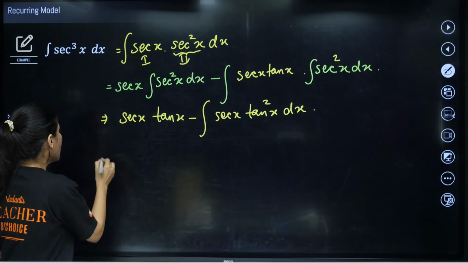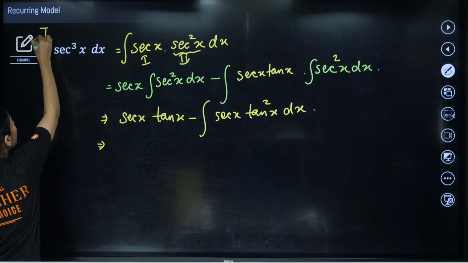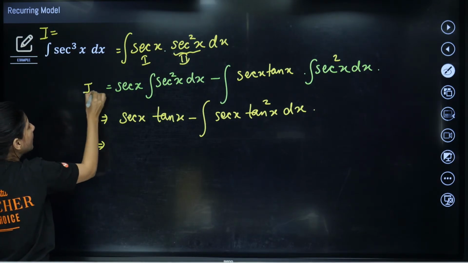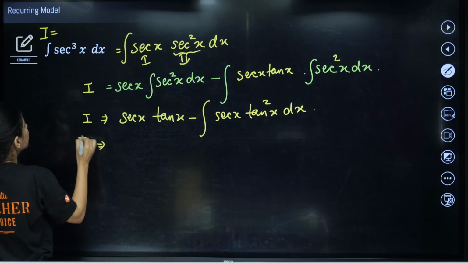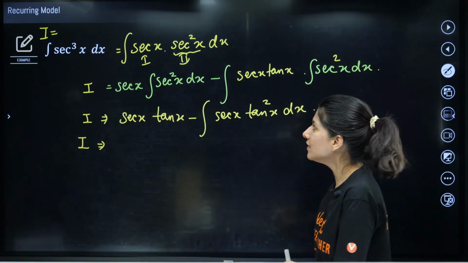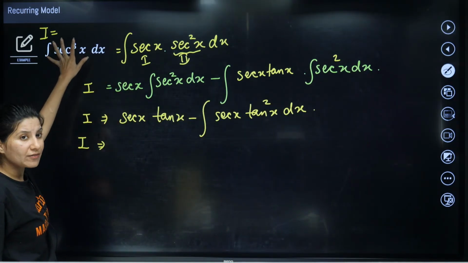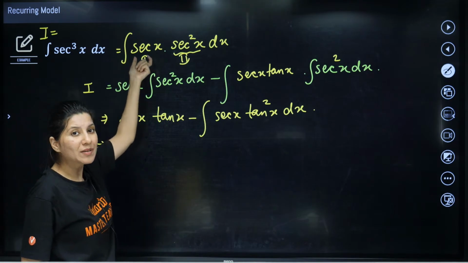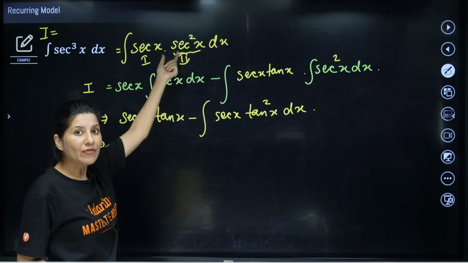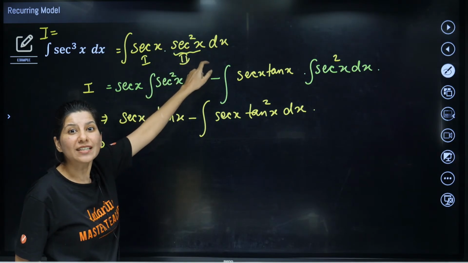Yes. And now, can I mark the overall function as capital I? So capital I will be this, and integral of sec cube x will be this. Okay, so what we have done, let us understand from the very beginning. Sec cube x was given to us. I have broken it down into sec x and sec square x. Obviously, sec x integration we know, but sec square x integration, tell me, tan x.